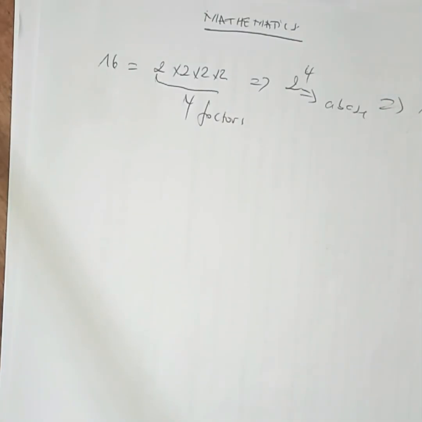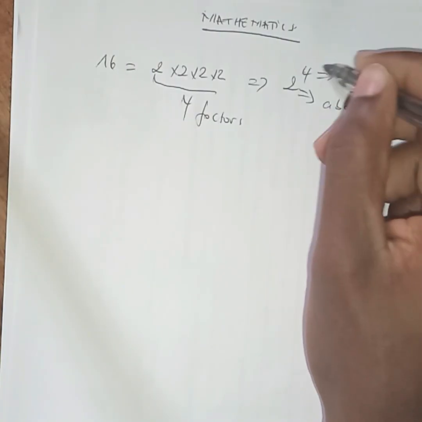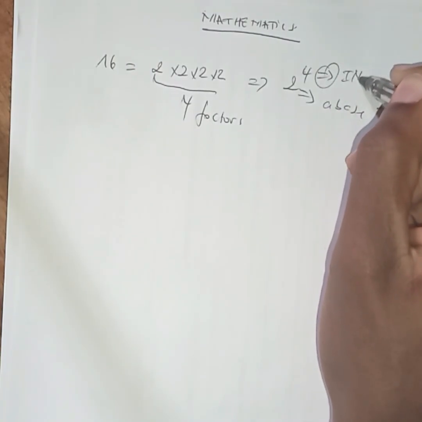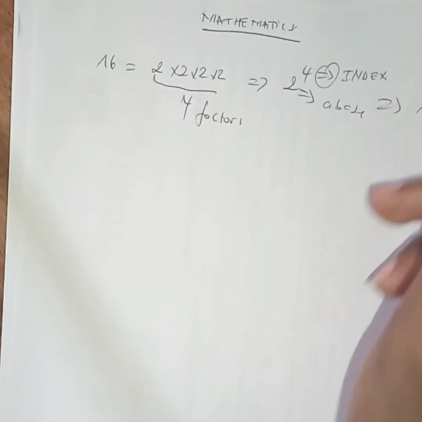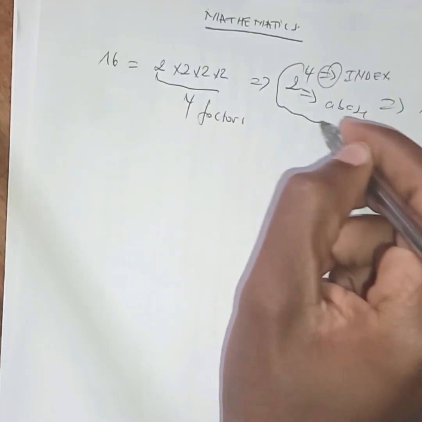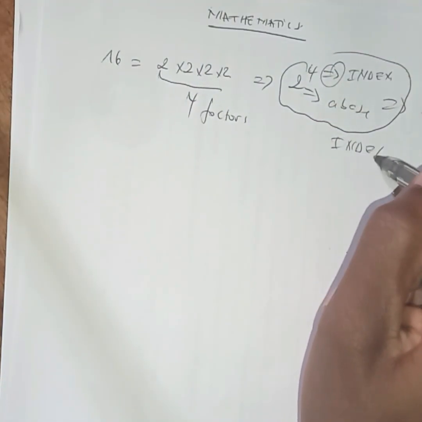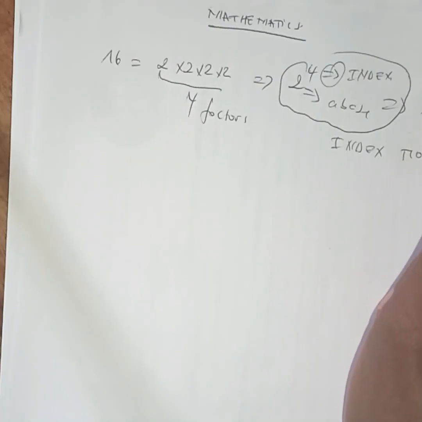Here we have our power, which is our index, and this is also a base. So this form is why it is called index notation.